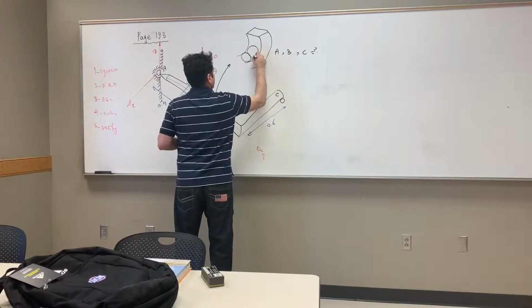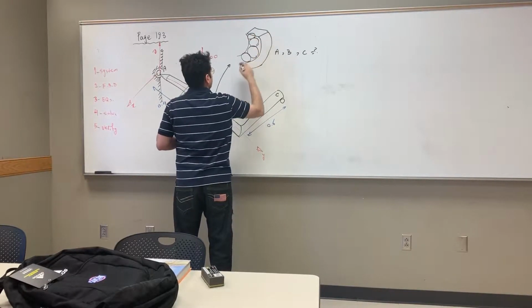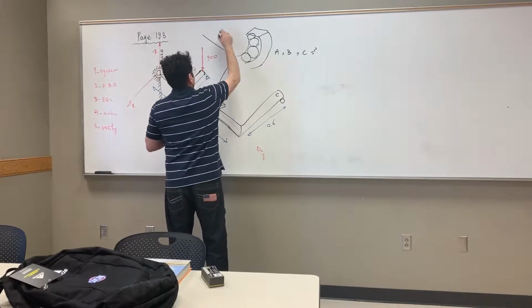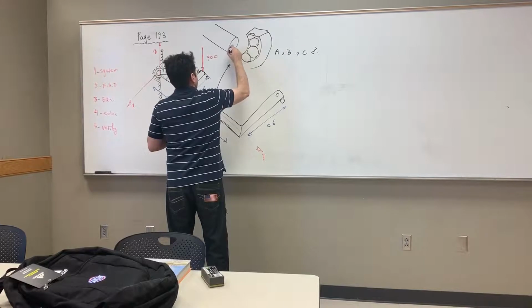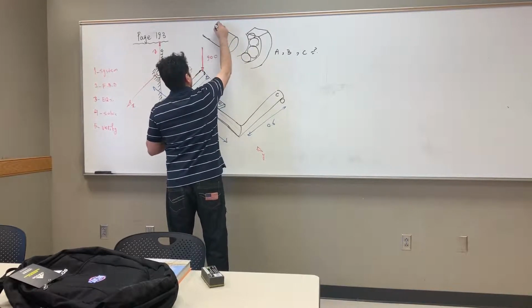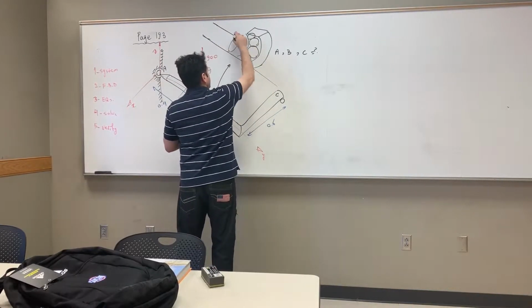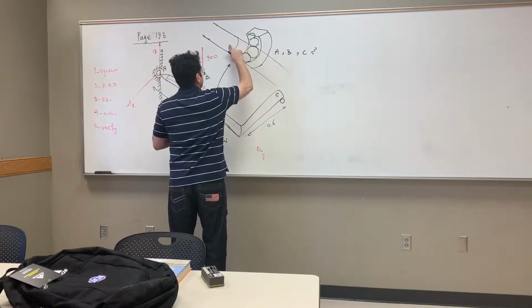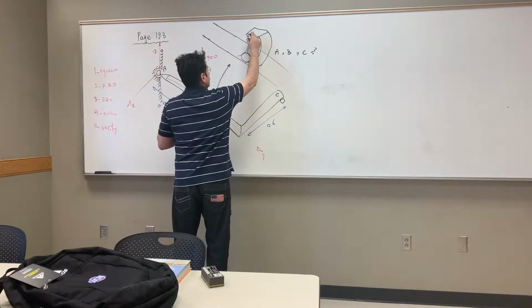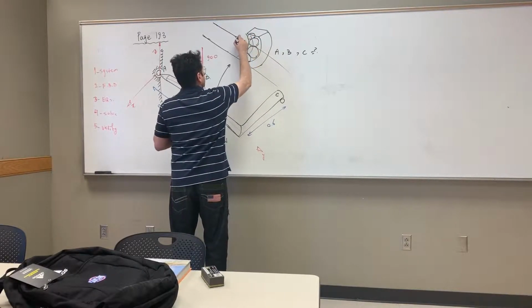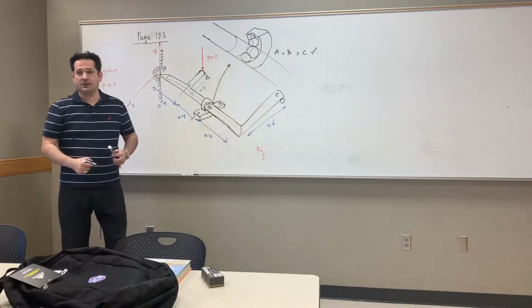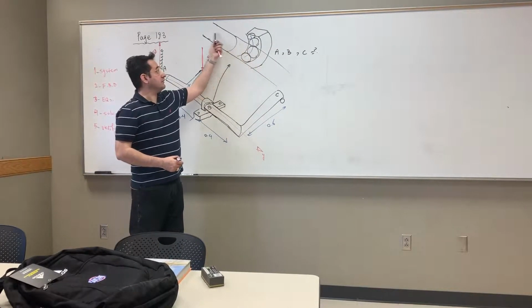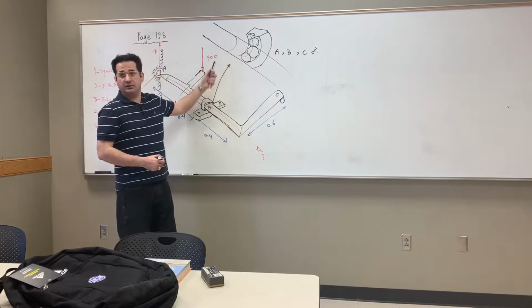You have a ball here in contact with the shaft. In fact, this is a ball bearing that is in contact with the shaft only through one line.